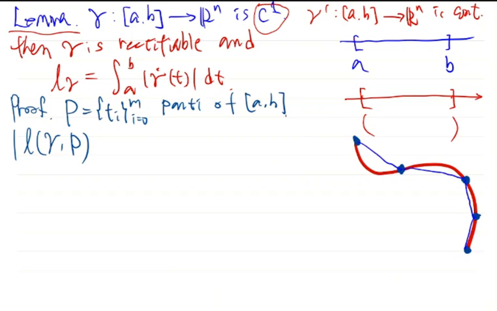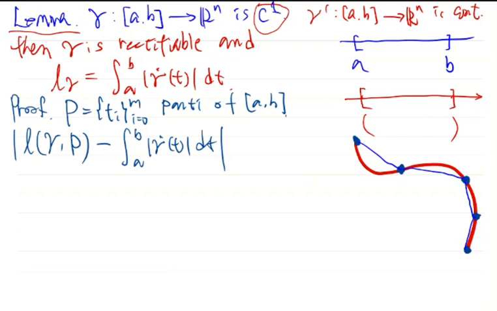So we estimate the absolute value of the difference between this and the integral. If for any epsilon positive, we can find delta so that if the gap of the partition P is less than delta, then this absolute value is less than epsilon, then we are sure that gamma is rectifiable, and the length of gamma is precisely this integral. This is the definition of the length of a parametric path. So how do we do this?